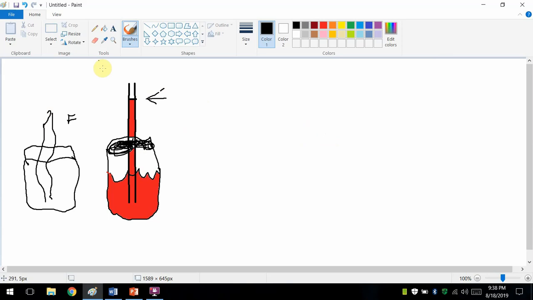Well, Fahrenheit used human body temperature, and apparently he chose somebody hot. And it came out, and he called that 100.